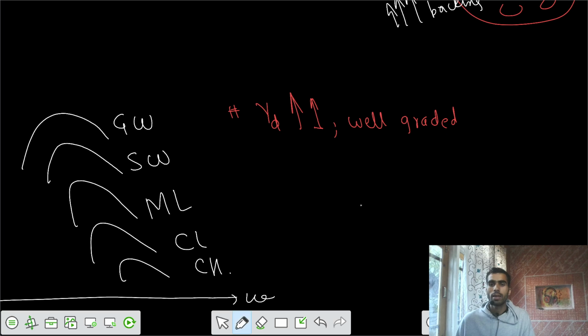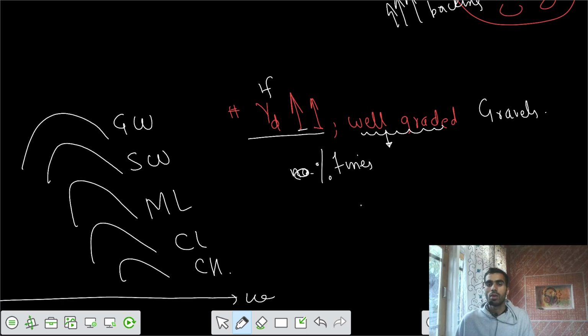So for your well-graded gravel, gamma dry increases. If I want gamma dry to increase for gravel, I would say your gravel should be well graded. By that I mean the percentage of fines should be more, such that the soil becomes uniform, because the fines are going to fill the voids.